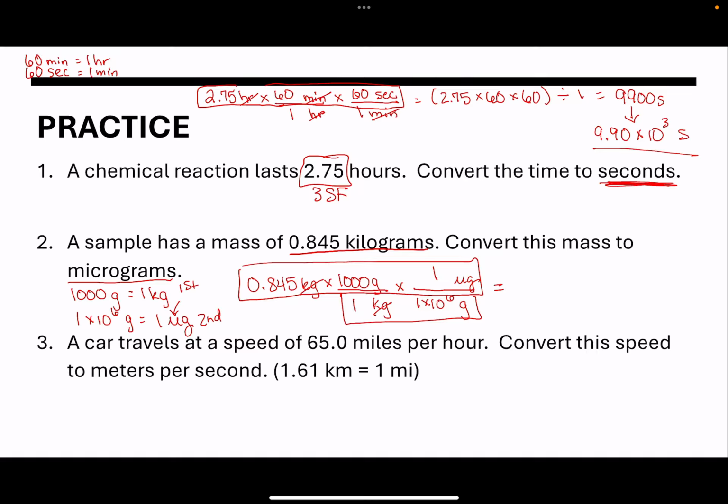So here I'm going to type in my calculator, 0.845 times 1,000 times 1 divided by 1 times 1 times 10 to the sixth. If you do not know how to do this in your calculator, that is fine, and I'll show you when we're in person just to be a little bit easier.